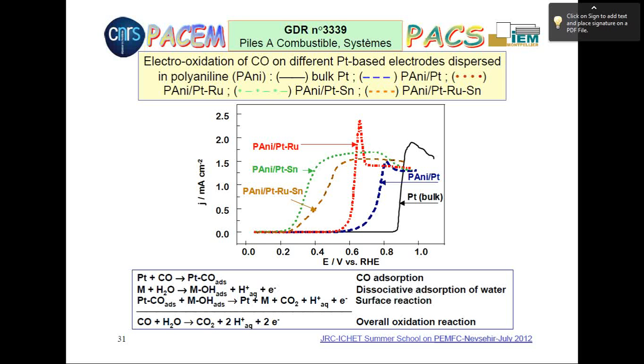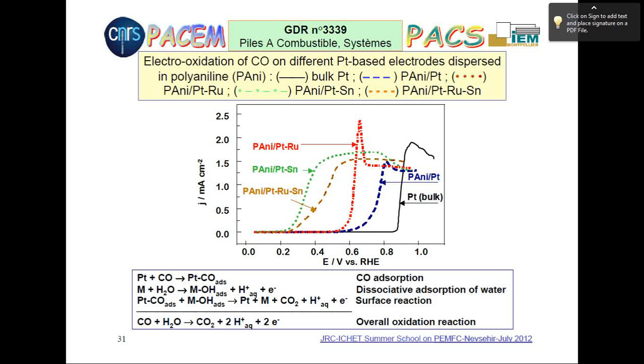For example, on pure platinum, if you look at the current density versus electrode potential, you are obliged to go to very high electrode potential to oxidize CO. So all that is blocked, so no current. If you have some CO in the reformed gas, your site will be completely blocked. What is the concentration of CO that will do that?